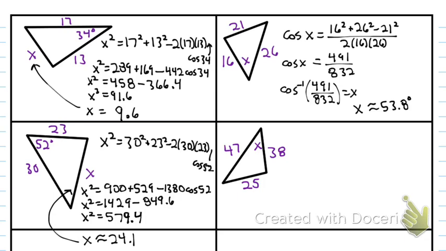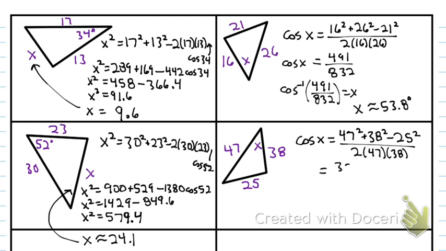The last one is solving for an angle, so cosine of x is equal to adjacent side squared plus adjacent side squared minus opposite side squared over 2 times the product of the adjacent sides. 47 squared plus 38 squared minus 25 squared gives us 3,028. 47 times 38 times 2 gives us 3,572.